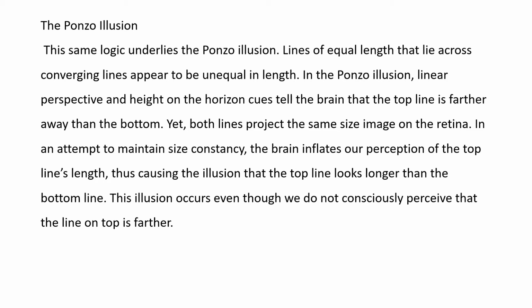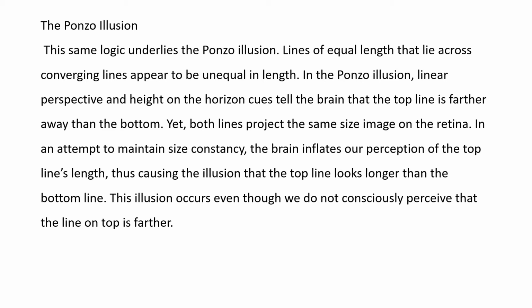Yet both lines project the same size image on the retina. In an attempt to maintain size constancy, the brain influences our perception of the top line, thus causing the illusion that the top line looks longer than the bottom line. This illusion occurs even when we do not consciously perceive that the top line is further.